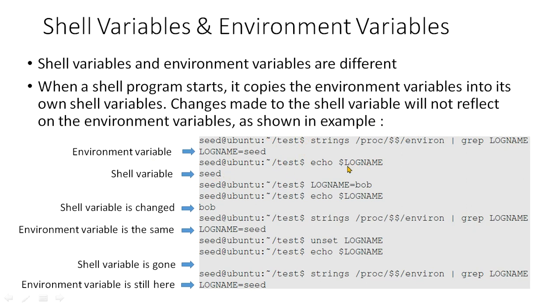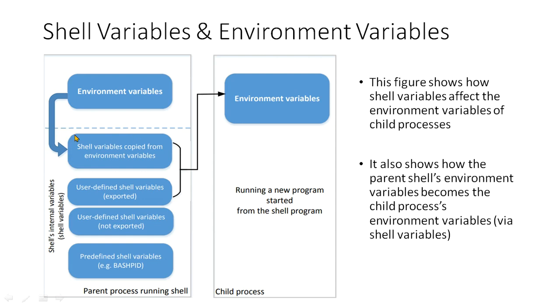That's why initially the LOGNAME in the shell and the LOGNAME in the environment are the same. Now when we change LOGNAME here, we actually only change the shell variables, not the original environment variable. So we can only change shell variables here, but we cannot change the environment variables.